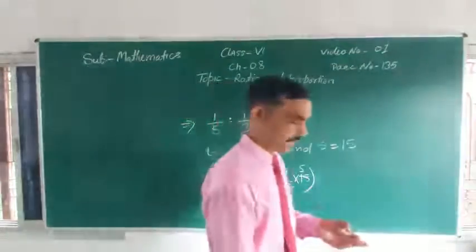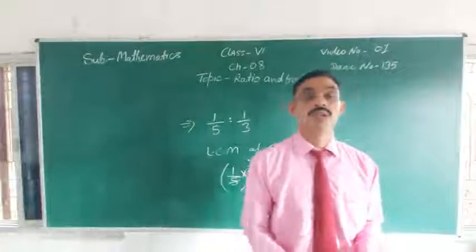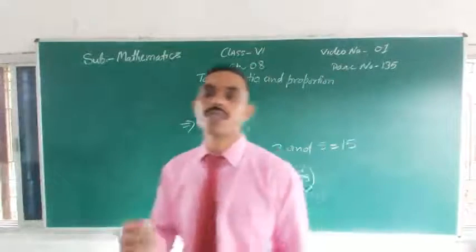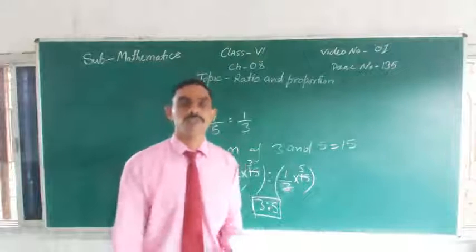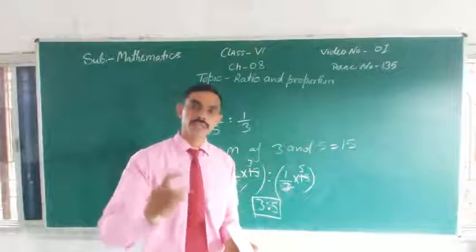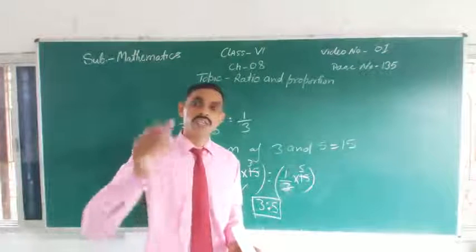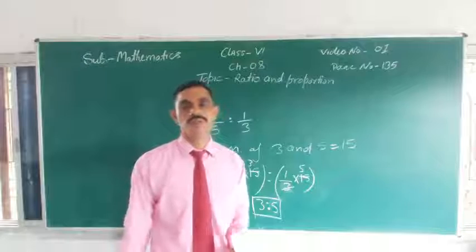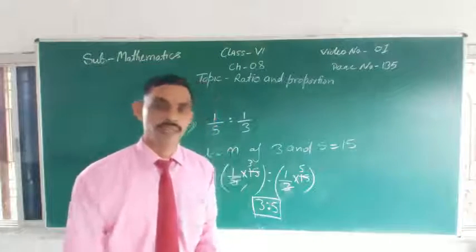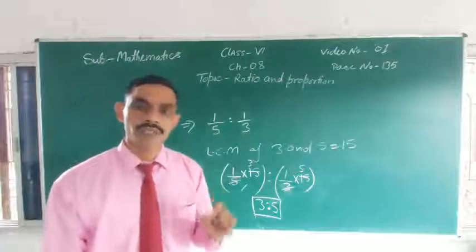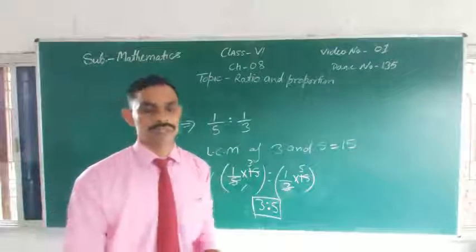So once again I repeat. First, ratio always exists between the same kind of quantities. Second, ratio exists between quantities of the same kind and in the same units. Third, as a ratio is a fraction, it has no units.